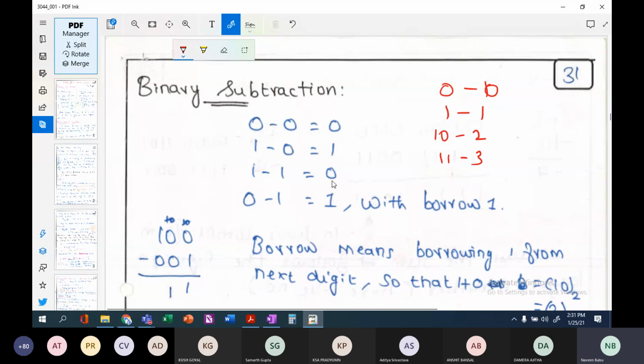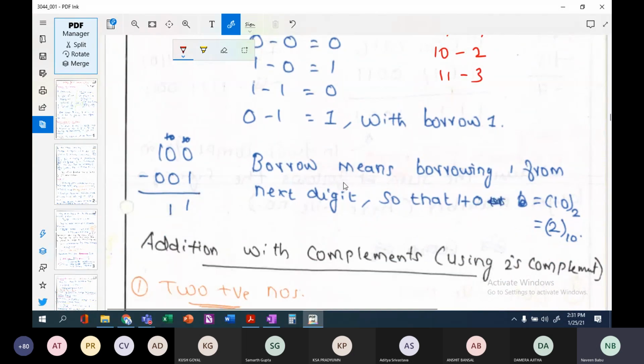An example here: 100, if you subtract 1 from it, here it is 0 minus 1. So you take a borrow from here, and since this is also 0, you take a borrow from the next bit. It is 1 here, you have taken a borrow already. Again, there is a 0 here, again you take a borrow.